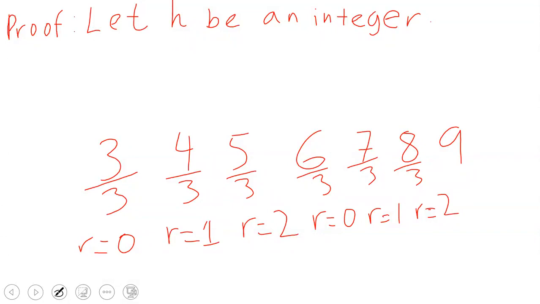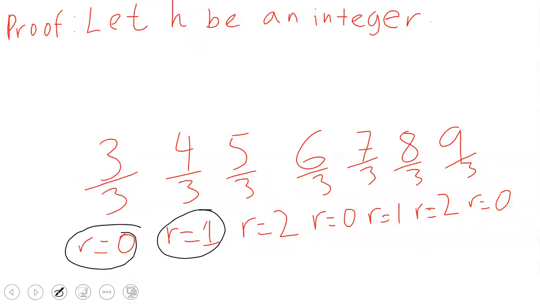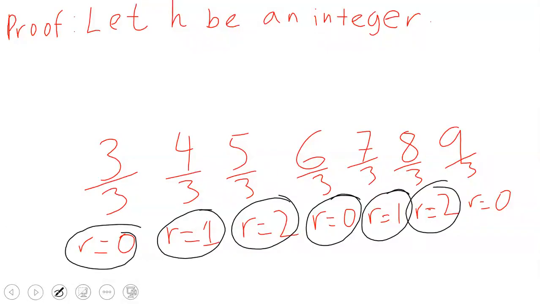And when I divide 9 by 3, the remainder is 0. Don't you see a pattern? We have 0, 1, 2, and then the cycle continues: 0, 1, 2, and the cycle continues. So what does that tell us?